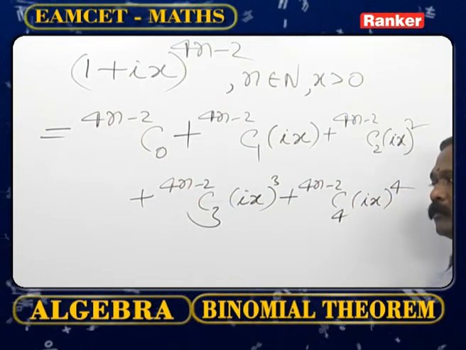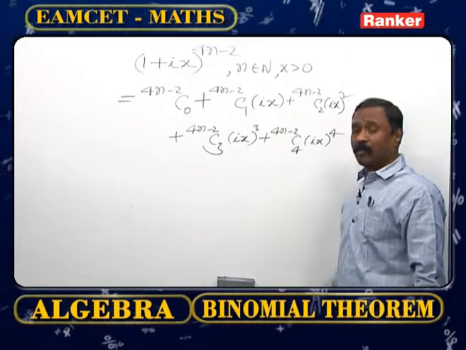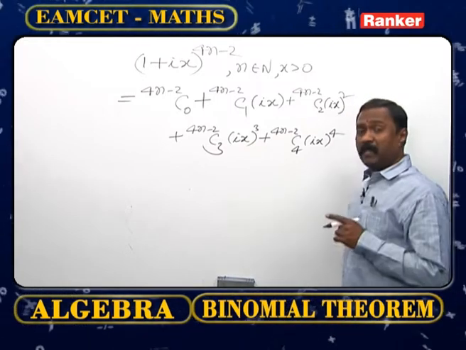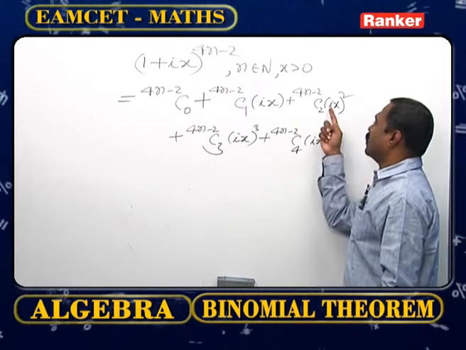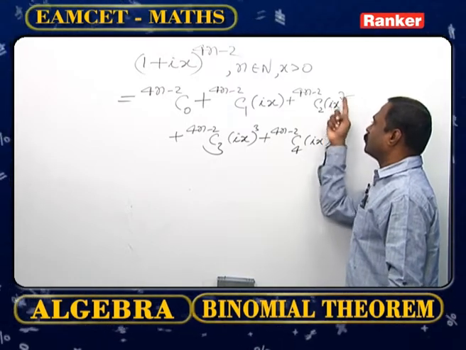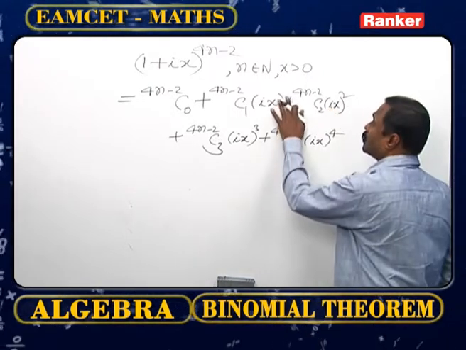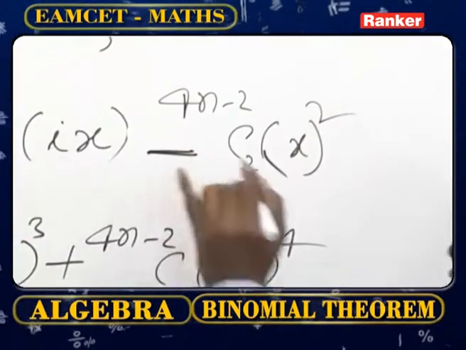We need real negative terms. The term must be real and it must also be negative. Negative means here it is possible. I square is there. I square becomes minus 1 and hence you will get minus here. This is minus 1.